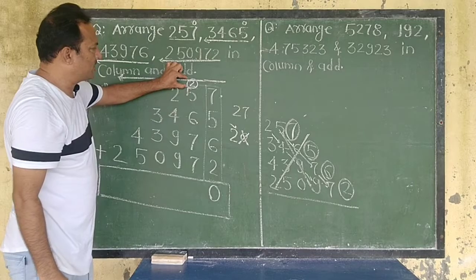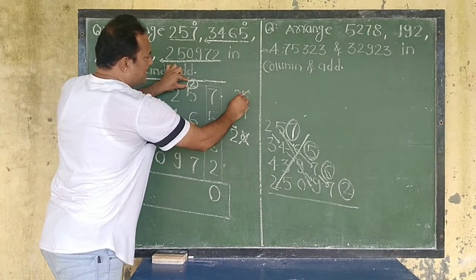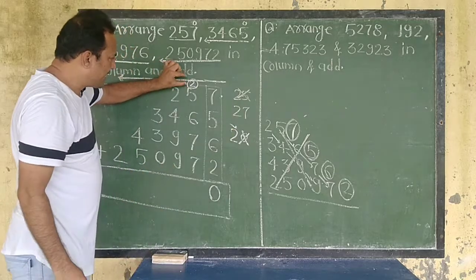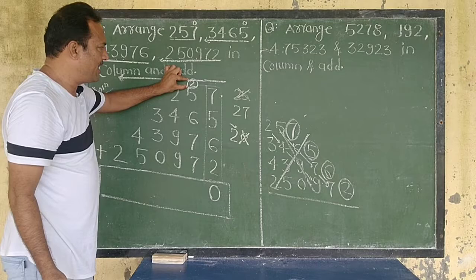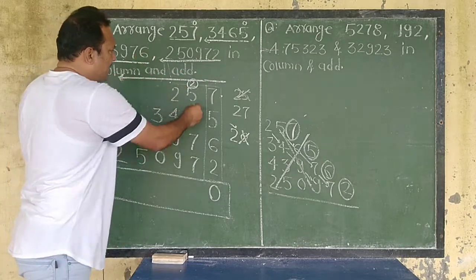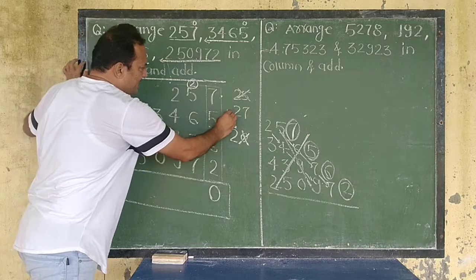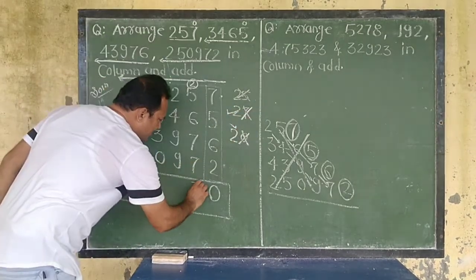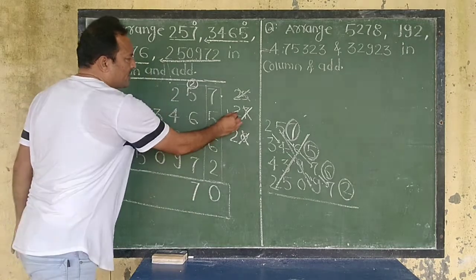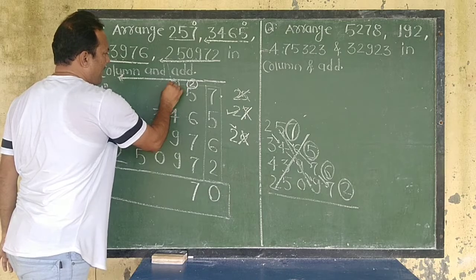If you forget to add the carry, then you will get 25 here, and 25 is wrong, because if a carry is given, we have to add it at first. The addition of all these, 2, 5, 6, 7 and 7, is 27. Then we always write the ones digit. What is the ones digit here? 7. The remaining number is 2, so we carry 2 here.